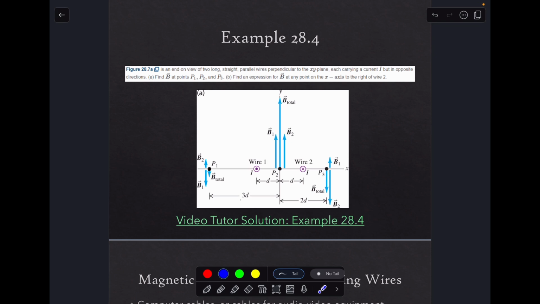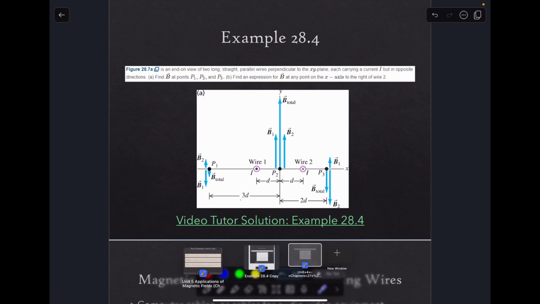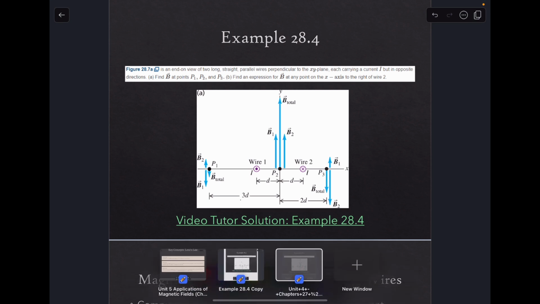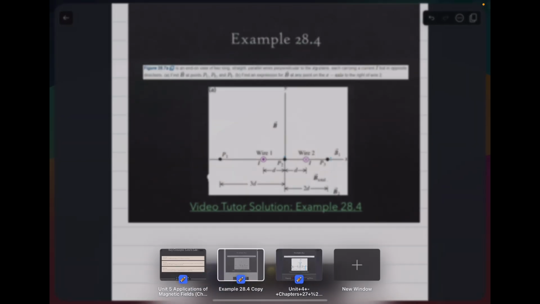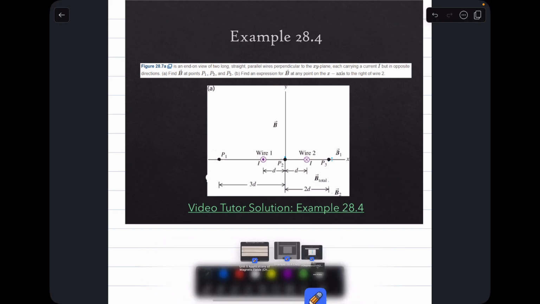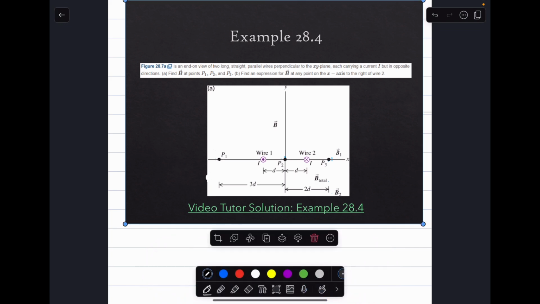So let's flip over to a place where we can do some work, because there's quite a bit of work associated with finding the field at these two places. So I copied down the problem here, but I erased all the vectors, which essentially tells you the answer. So let's try to do it ourselves.